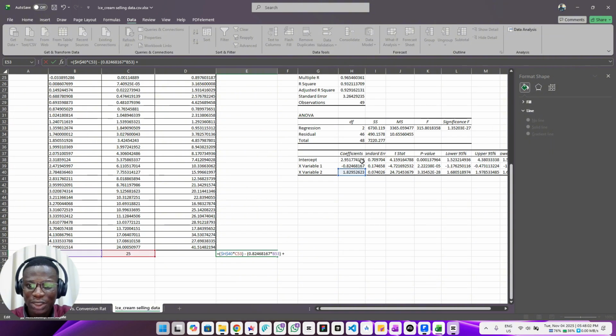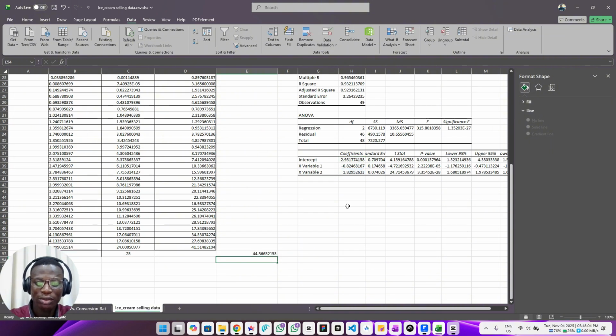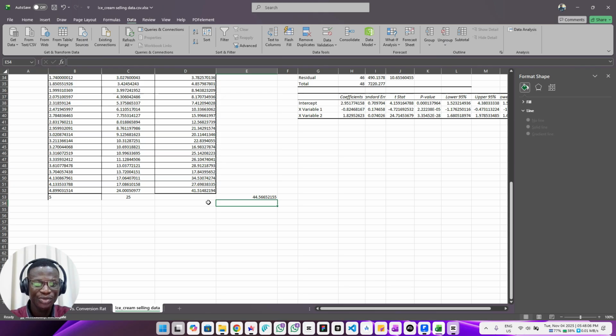Plus our intercept. Let's see. So you could see, if we select this, let's say 6.